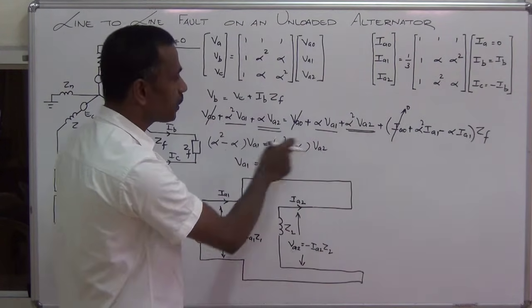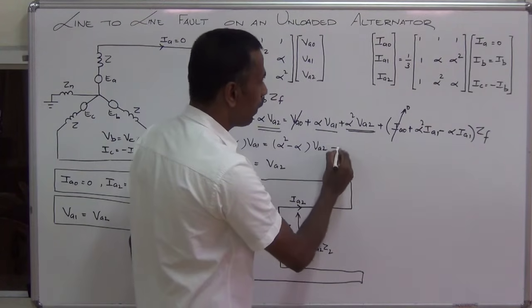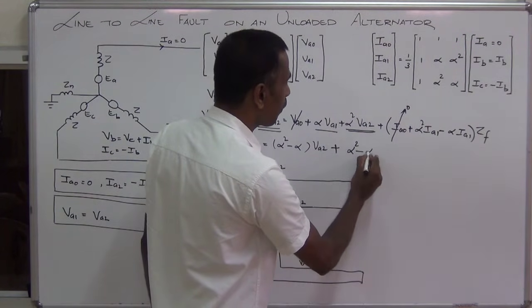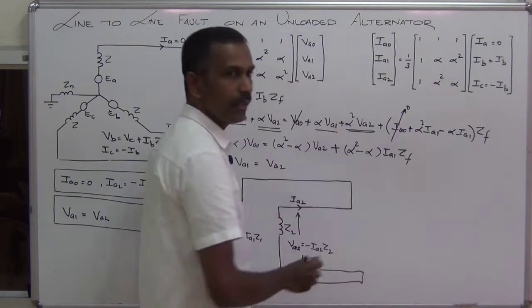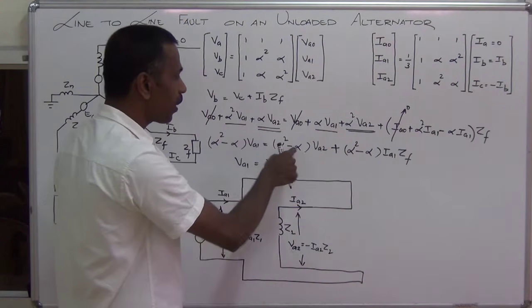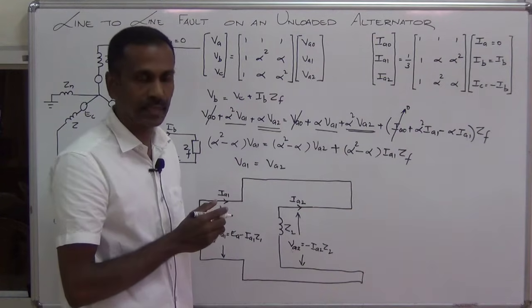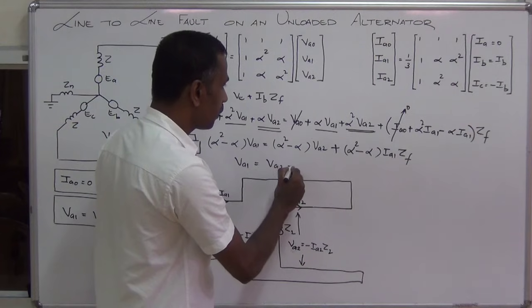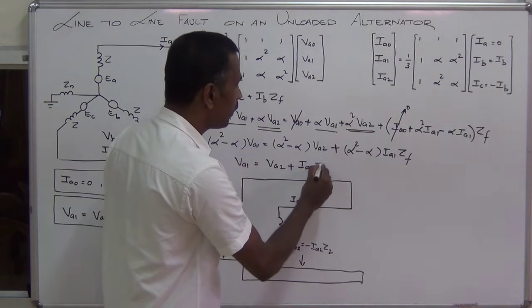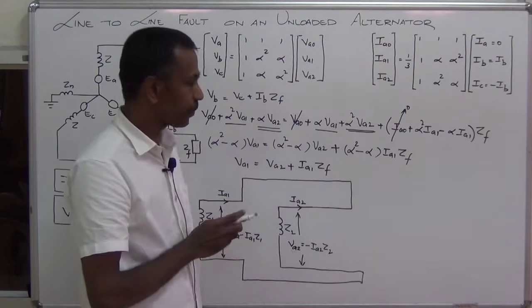So these two terms are equal, plus alpha square minus alpha into IA1 into ZF. Here alpha square minus alpha terms will be getting cancelled. So VA1 equals VA2 plus IA1 into ZF.